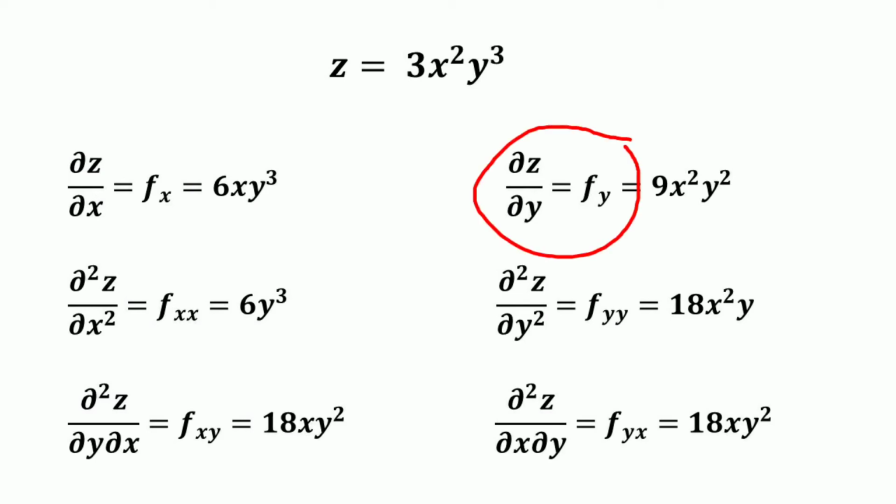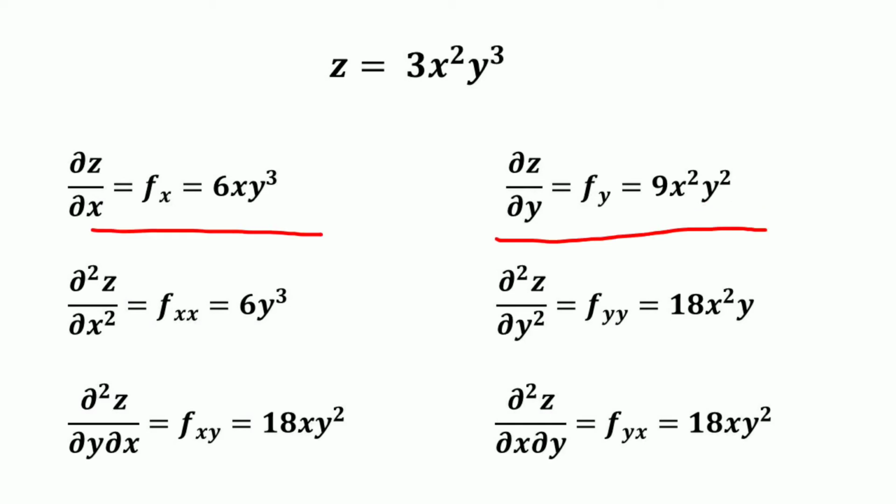Similarly, differentiating with respect to y, f of y is equal to 3 into 3 square y raised to the power 3 minus 1, that is 9x square y square.